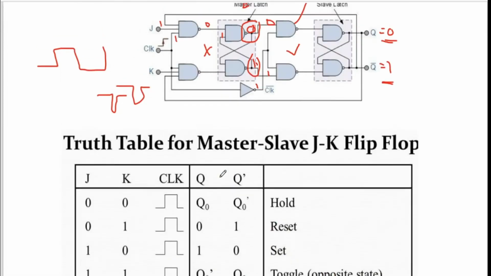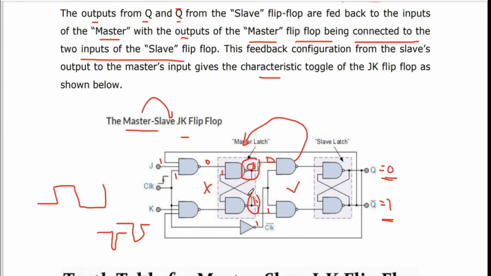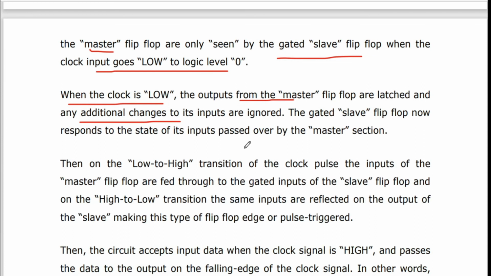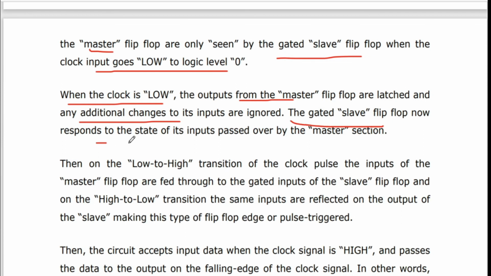Any changes that happen in the input will not have any impact on the output. Why? Because of the negative clock pulse, this circuit is not going to perform any operation. So the gated slave flip-flop now responds to the state of the inputs passed over by the master.